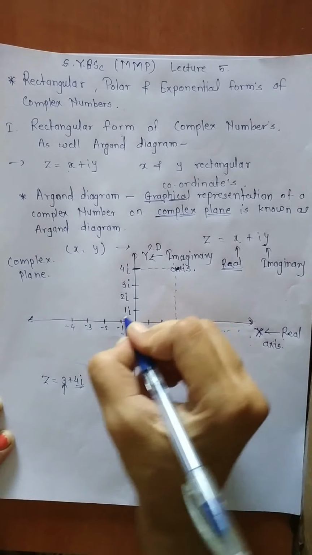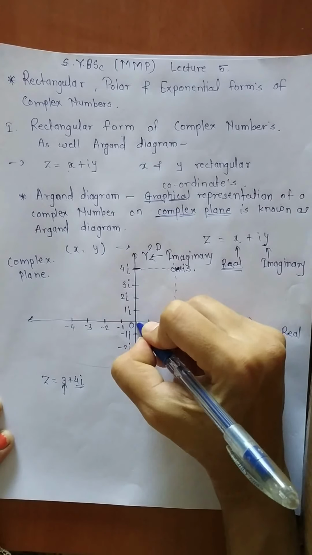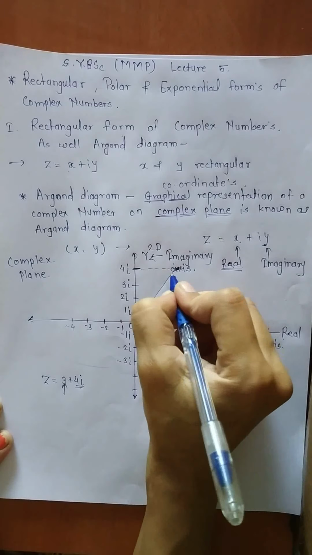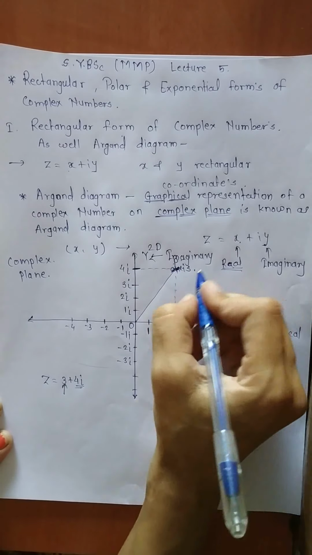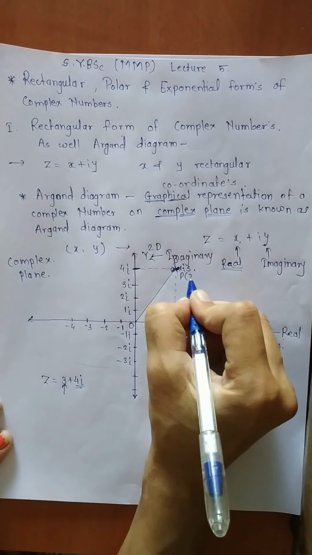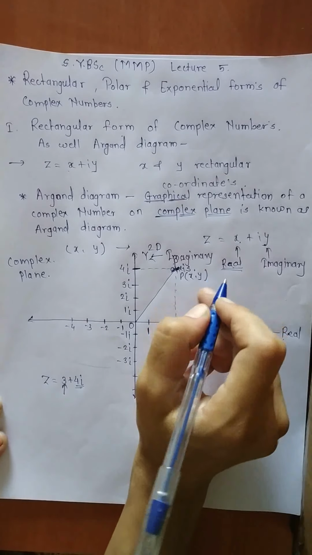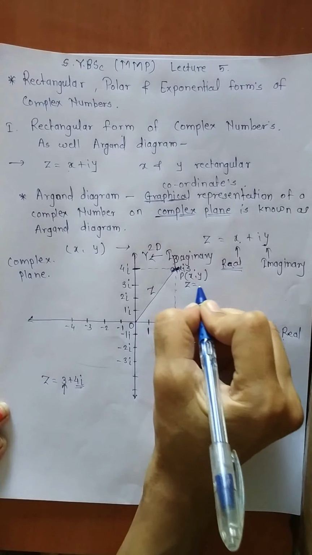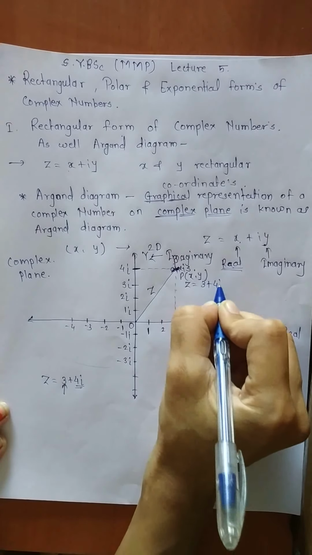Suppose this is my origin O, and let's say this point is point P, that is P(x, y). So P(x, y) will represent z, that is z equals 3 plus 4i.